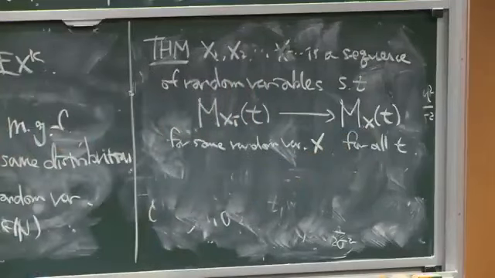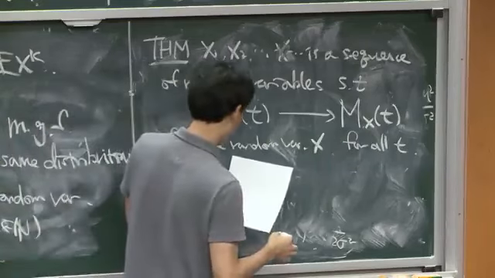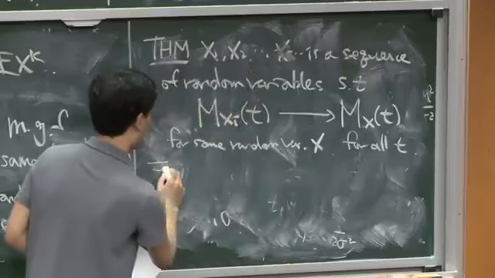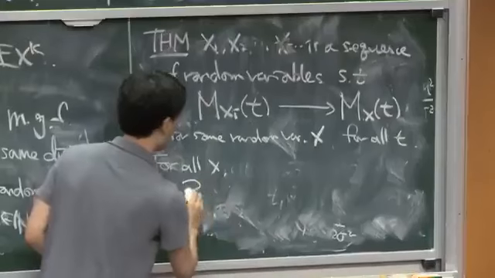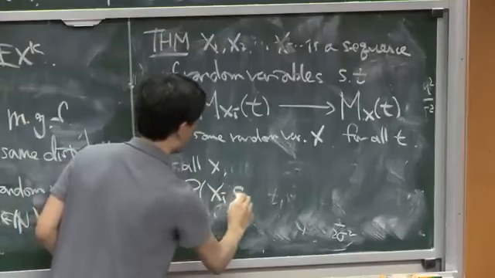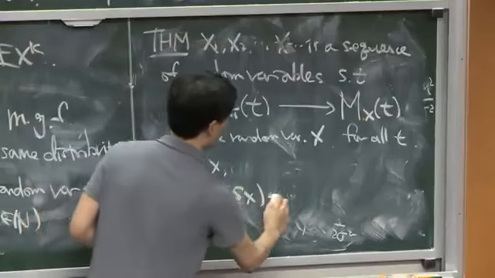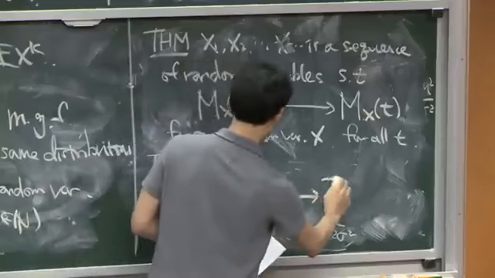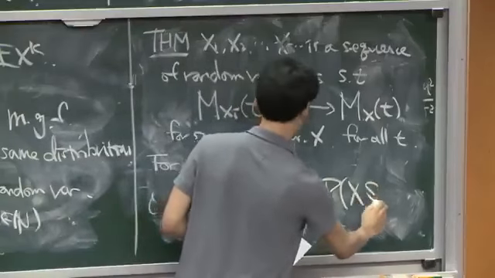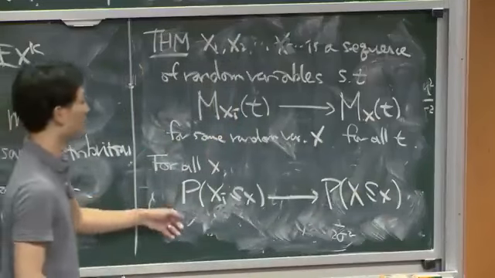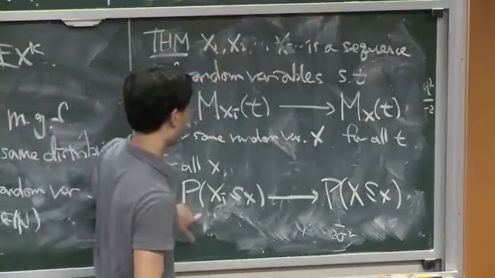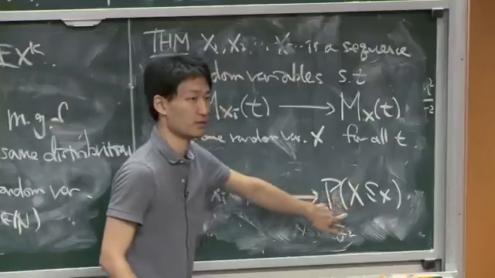To make that intuition formal, what we can conclude is that for all x, the probability that x_i is less than or equal to x tends to the probability at x. So in this sense, the distributions of these random variables converge to the distribution of that random variable.